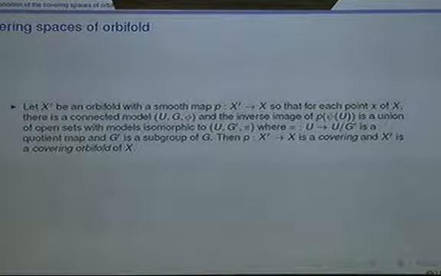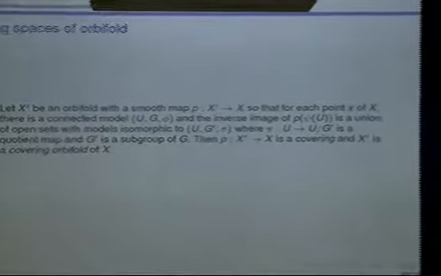So the basic idea is this. It's better to explain by chalk, by drawing things, not by words. So you have one orbifold x prime, and then another one, x.